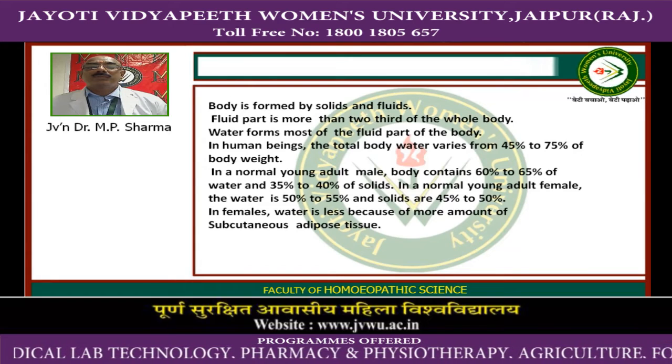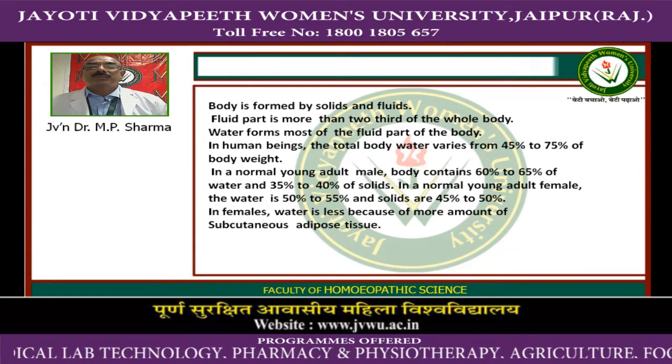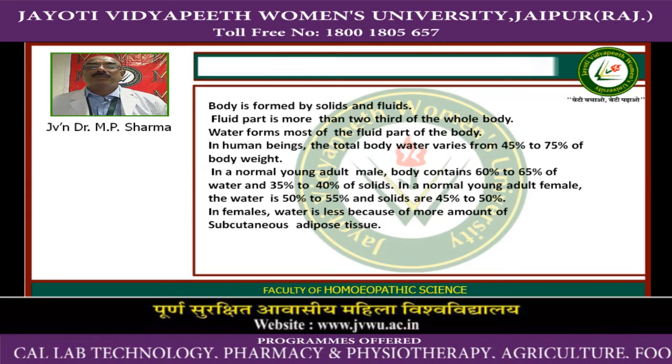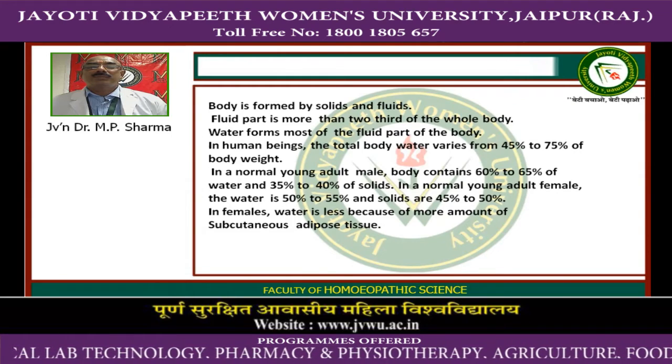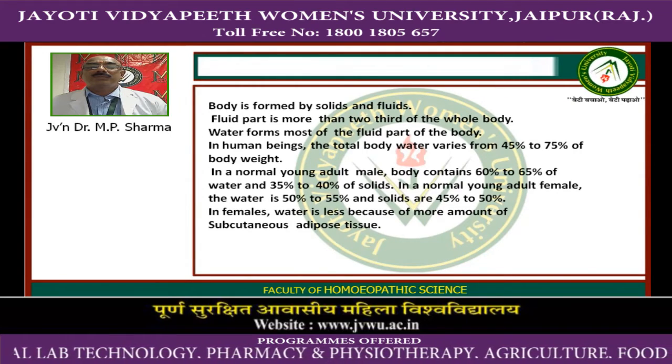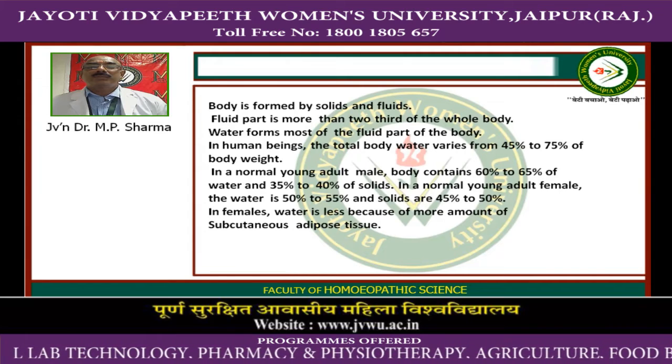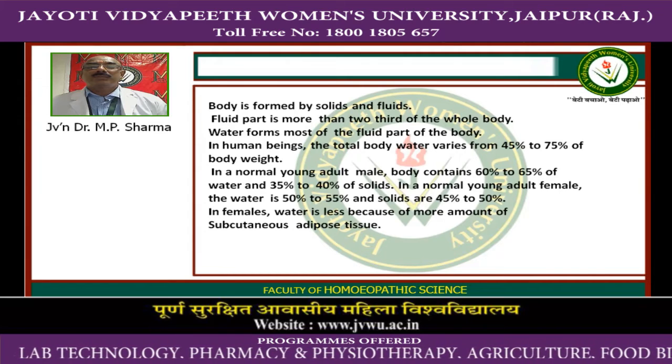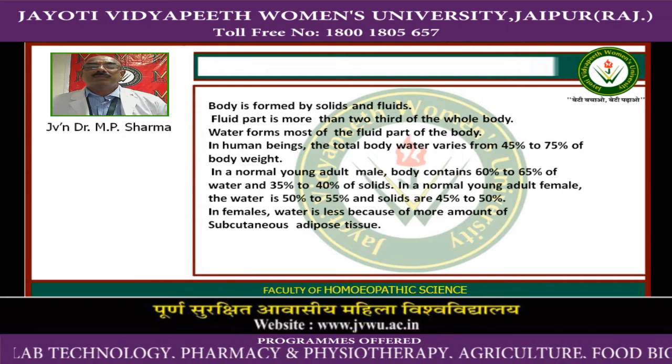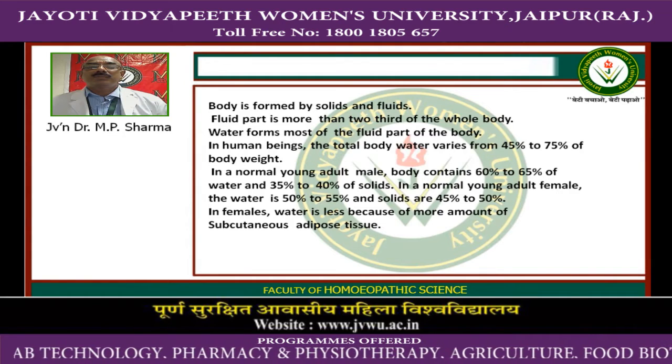The fluid part is more than 2/3 of the whole body. Now water forms most of the fluid part of the body. In human beings, the total body water varies from 45% to 75% of body weight.